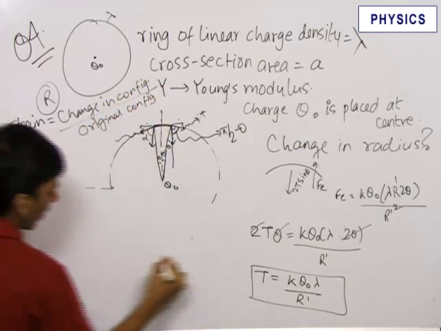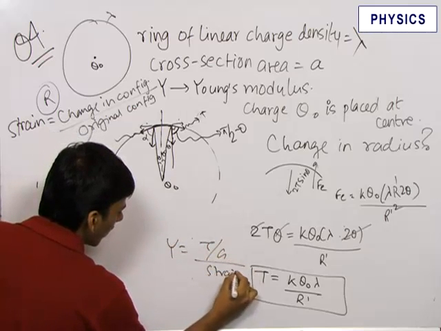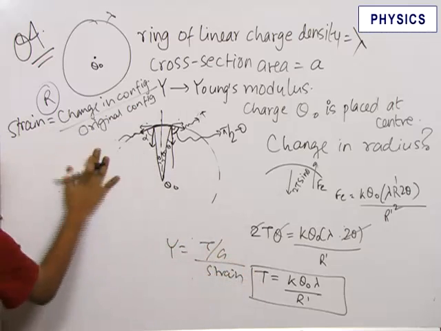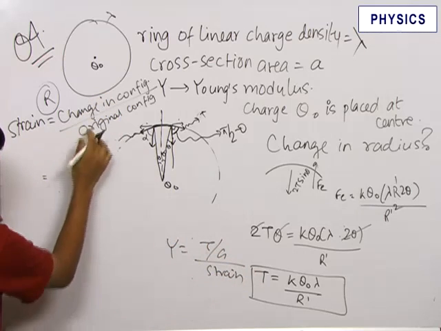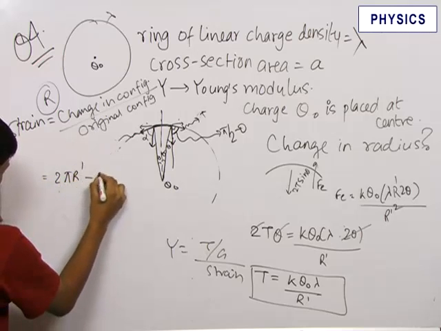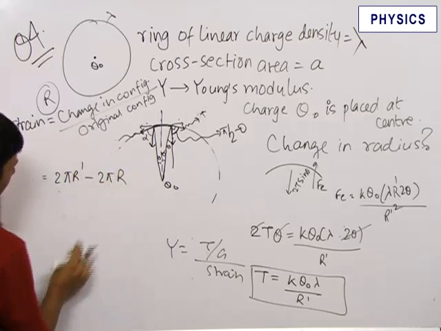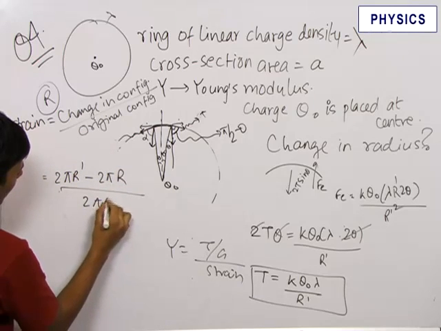Therefore we will write this as T upon A upon strain. Here the change in configuration, that is change in length upon original length, can be written as 2 pi r dash minus 2 pi r, the change in length, upon the original configuration, which was 2 pi r.